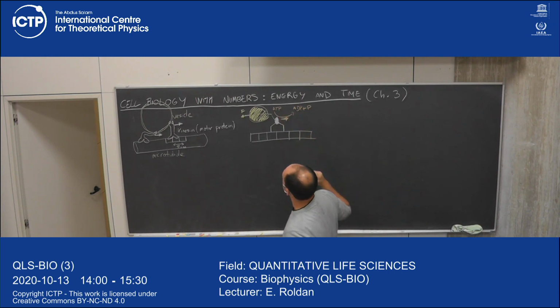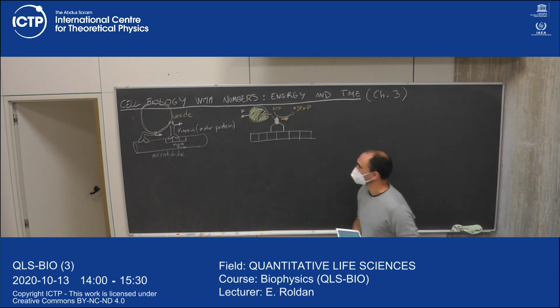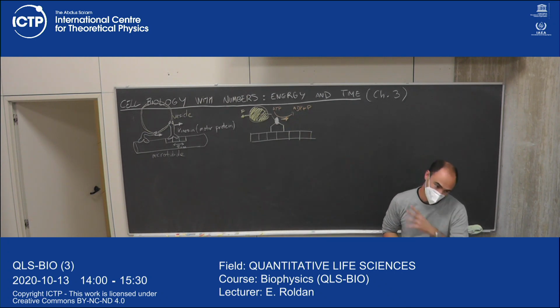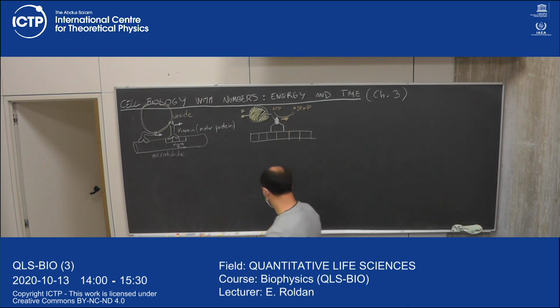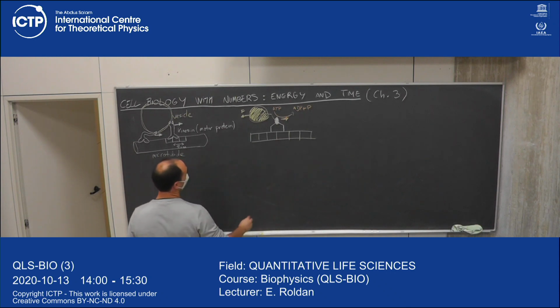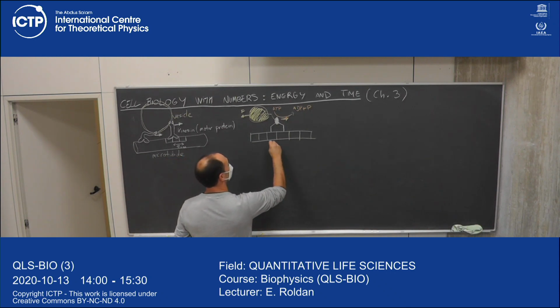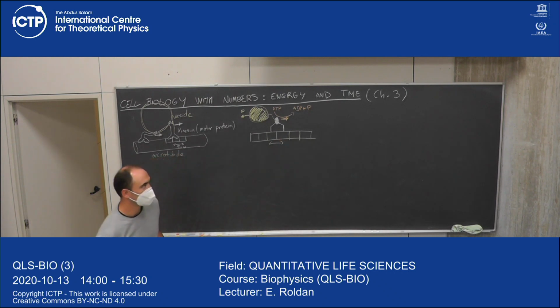Okay. I don't want to go into too much detail because there will be lectures about this where I will explain this with very precise models. But what I want to give you is a rough idea of the sizes. So the motor is moving step by step.